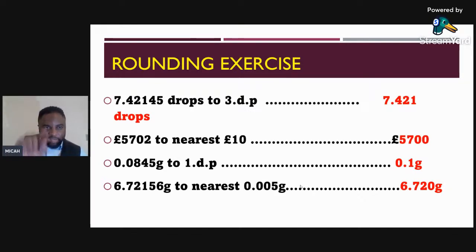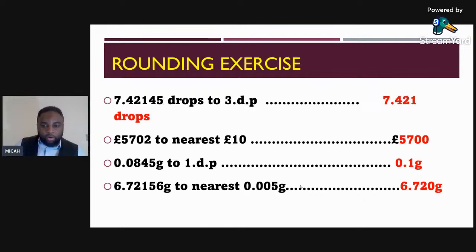See where it says 7.421? Where 1 is sitting is the third decimal place. Look behind it. Is that number up to 5? If the number is up to 5, you can round up. So that one would become 2 if that number was up to 5. But if the number isn't up to 5, that's behind 1 in our example, then the number actually stays as it is. It will stay as 7.421.